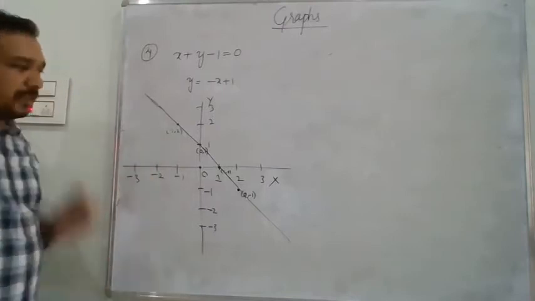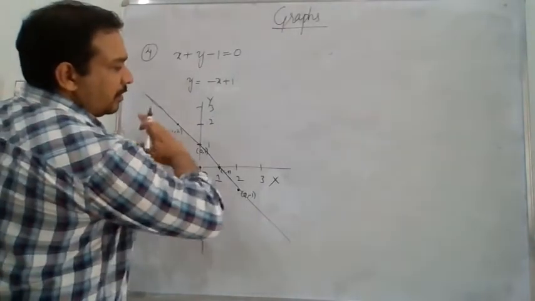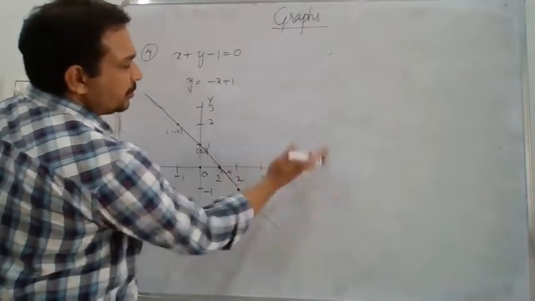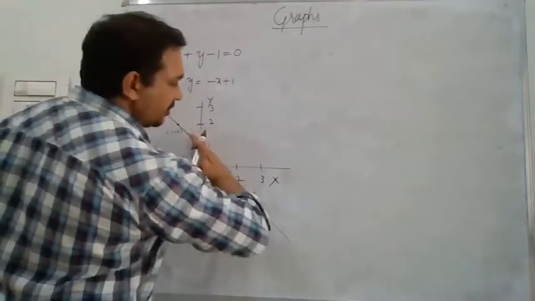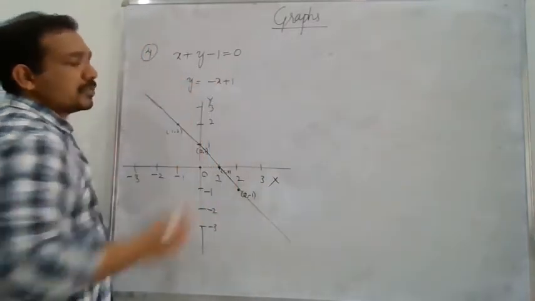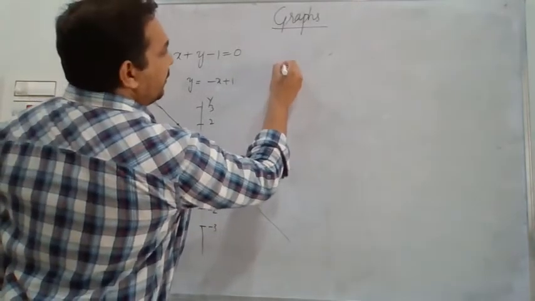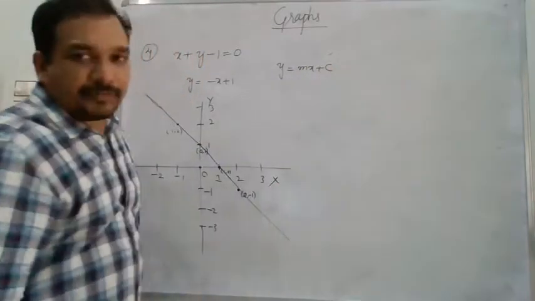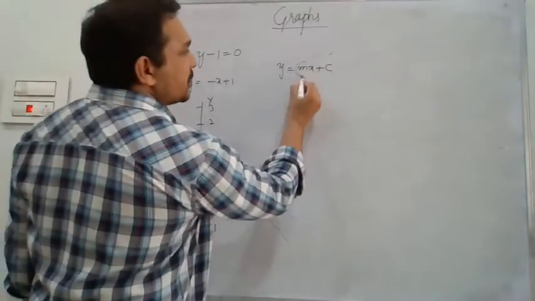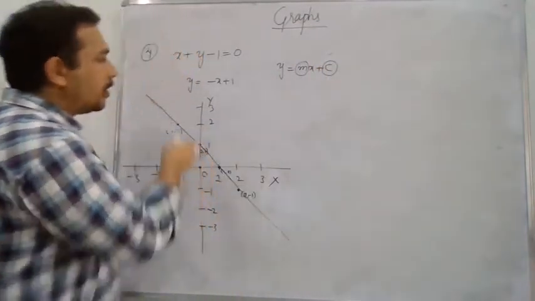If you observe the previous 3 questions, the lines are 45 degrees in the anti-clockwise direction to the x-axis. Means like this. But this line is in this way, which is making a negative slope with the x-axis. If I write y is equal to mx plus c as a general line equation, m represents the slope of the line, c represents the value on the y-axis.